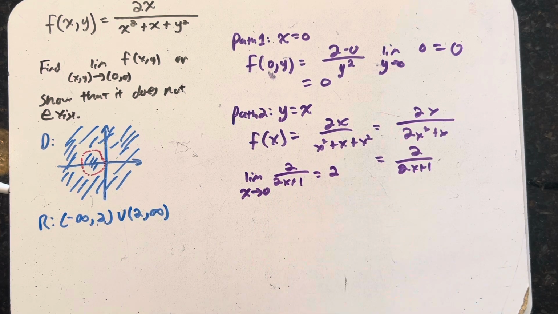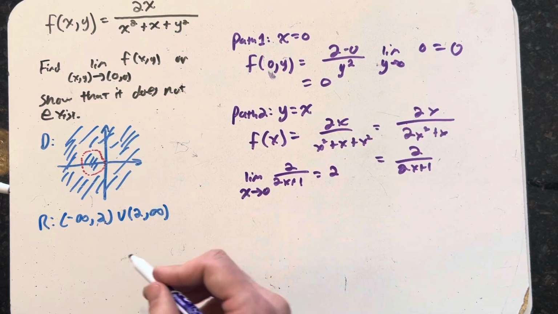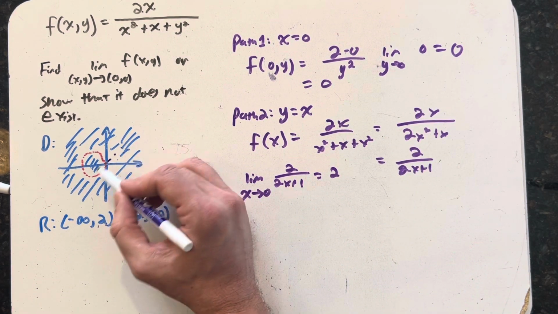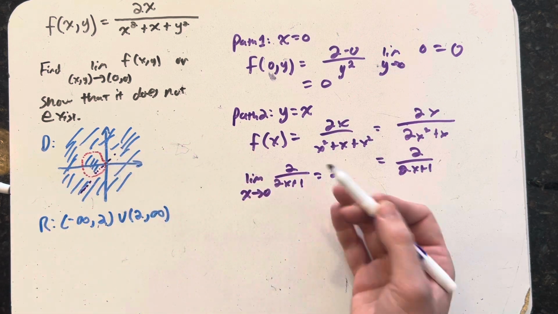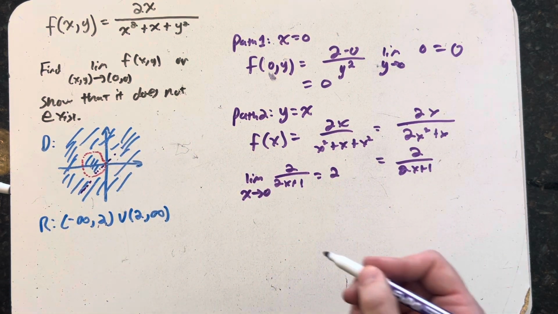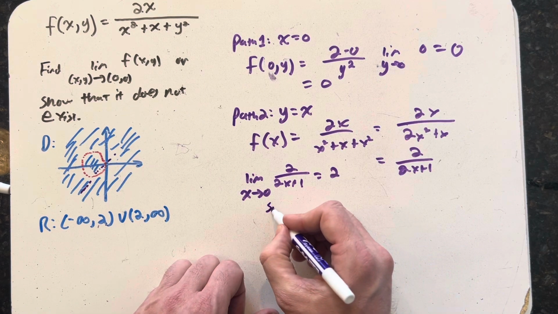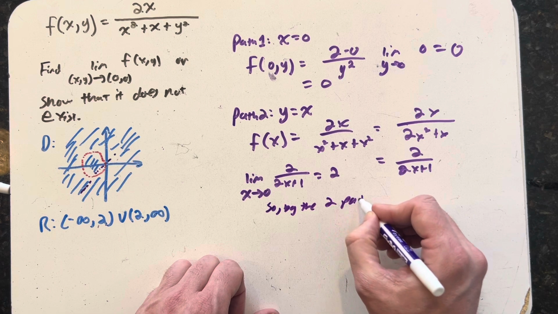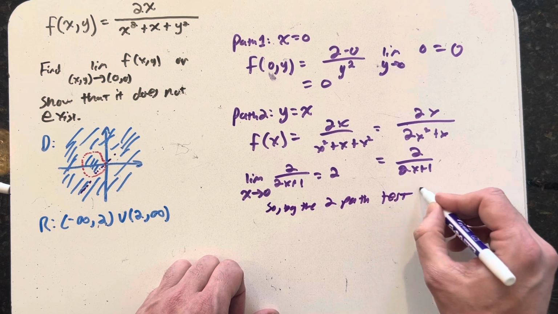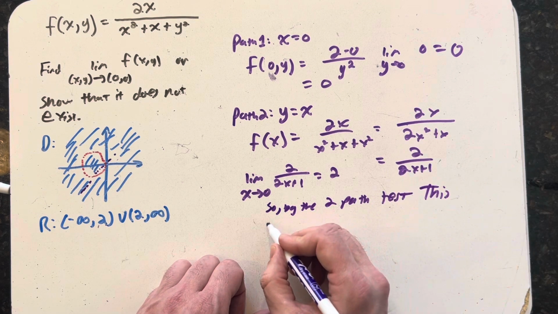And we get out a 2. So along the y-axis, our limit is 0, but on the line y equals x through the domain, however I get closer to it, apparently I'm going closer and closer to 2. So by the 2-path test, this limit fails to exist.